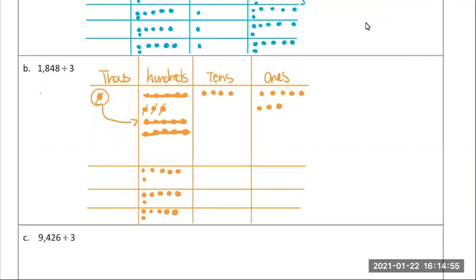So then we're going to move on to our tens, where we have 4 tens. We can divide those into our 3 groups. We get 1 in each group. And we have 1 left over, which we need to unbundle to our ones place. So that's going to give us 10 ones.